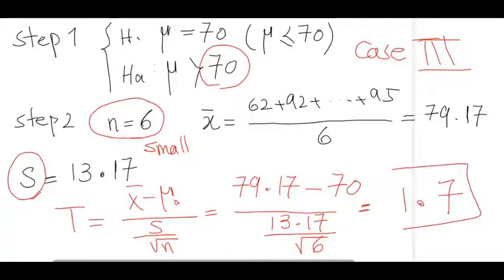In step 3, you need to obtain a critical value from the T table. We have a right tail test.